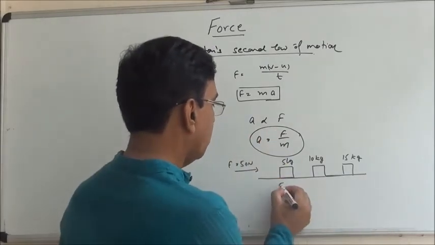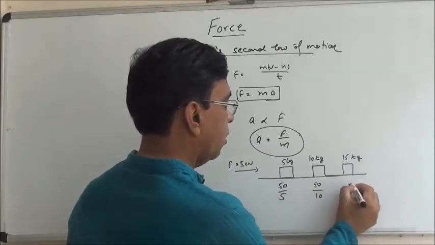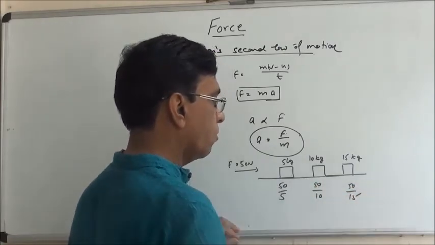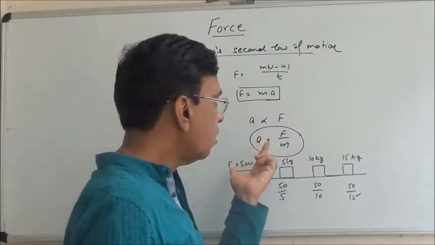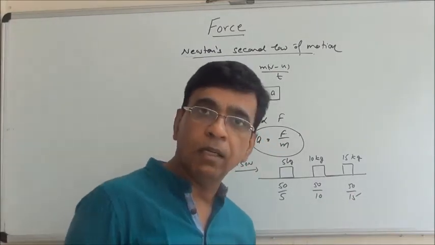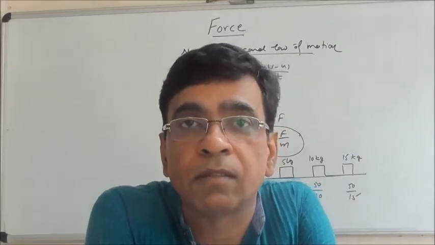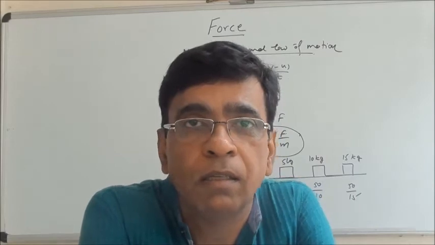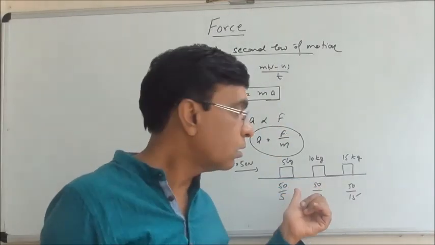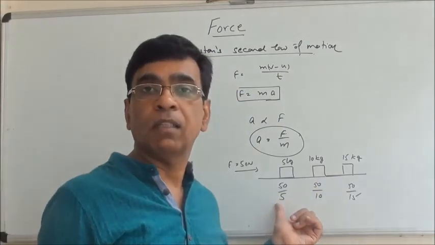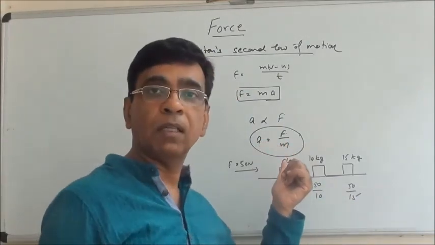So here it will be 50 upon 5, here it will be 50 upon 10, here it will be 50 upon 15. This is the least, this is the maximum. So if a force is applied on bodies of different masses, the body with minimum mass gets maximum acceleration, and maximum mass gets minimum acceleration.